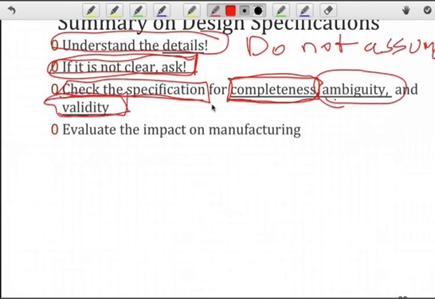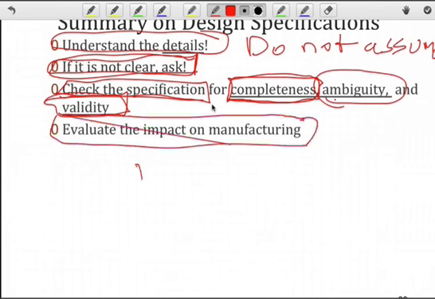In other words, there are no conflicts with other specifications, and they are correct. They have the right definitions, and there's no problems associated with them. And then finally, if you understand the details, then you start to evaluate what's the impact on manufacturing in terms of processing. What's it going to take, which is what we're going to look at next.